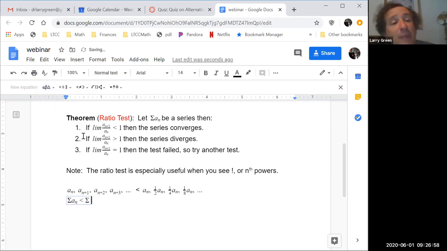And I'm assuming everything's positive. In fact, in here, that was a mistake. I probably should put some absolute values in, because we're only looking at positive things.